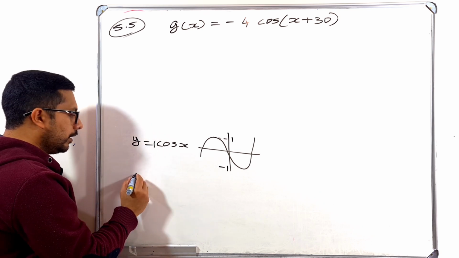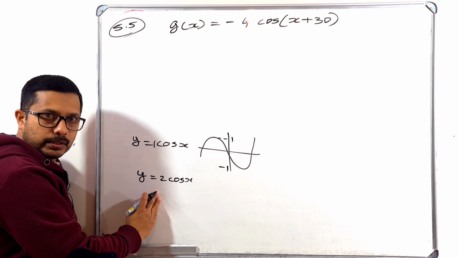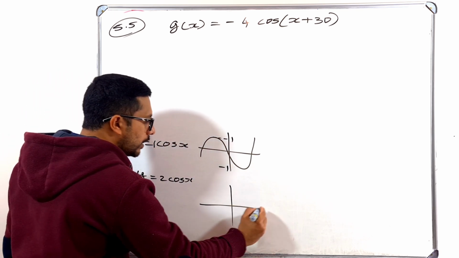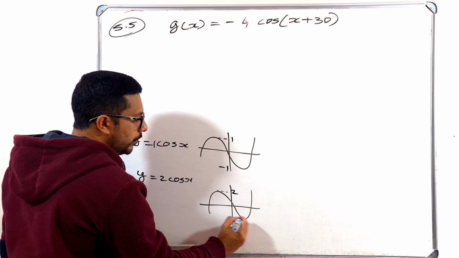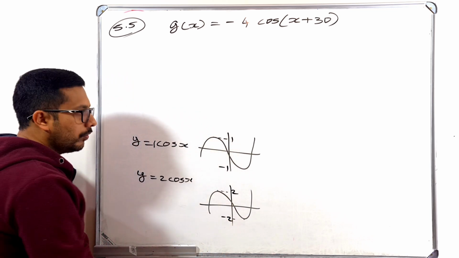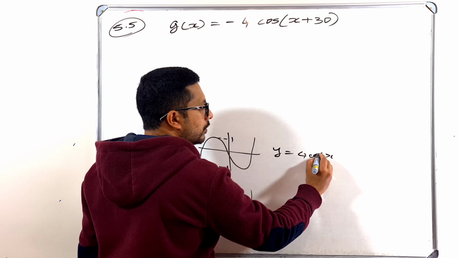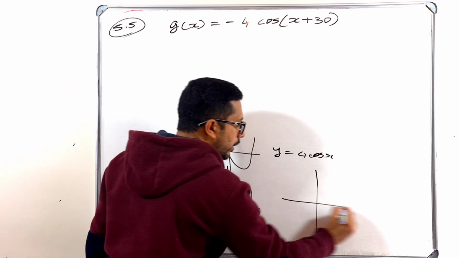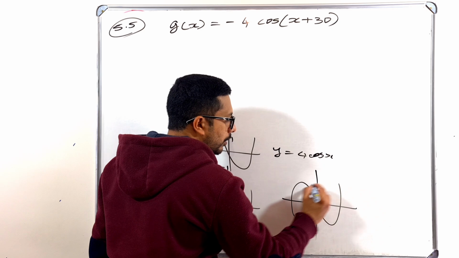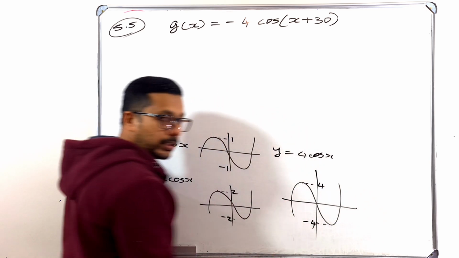Okay, then if y is equal to 2 cos x, then the amplitude is 2, then the maximum value is 2 and the minimum value is minus 2. Y is equal to 4 cos x. Okay, so 4 cos x, then the maximum value is 4 and the minimum value is minus 4.